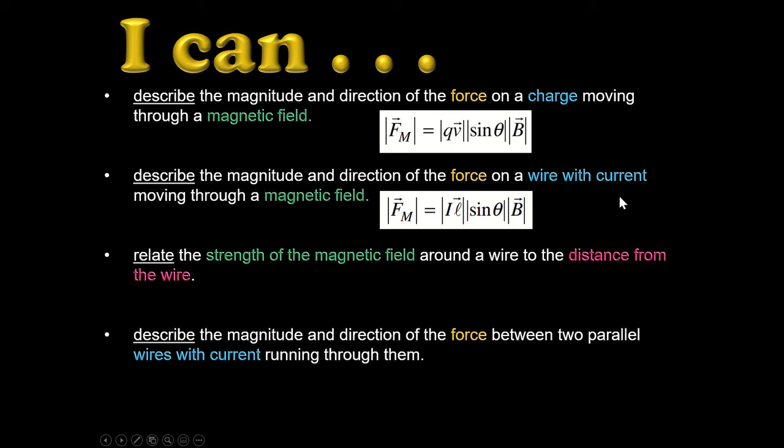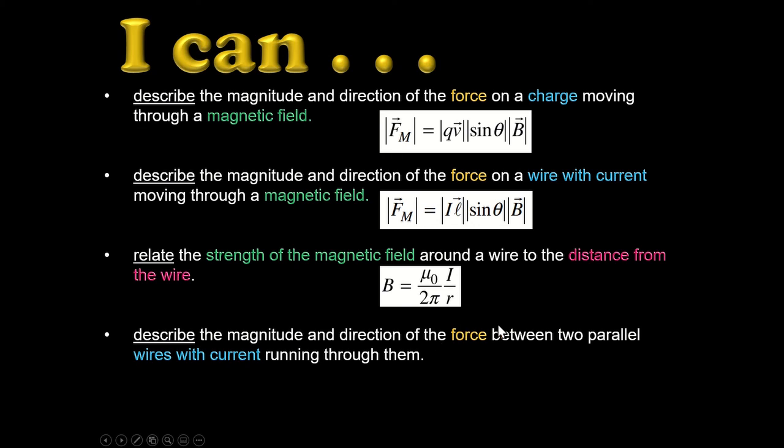Describe the magnitude and direction of the force on a wire with current moving through a magnetic field. That was where we took distance divided by time as velocity, but divided the charge by time and got current. Relate the strength of the magnetic field around a wire to the distance from the wire, and there we go.